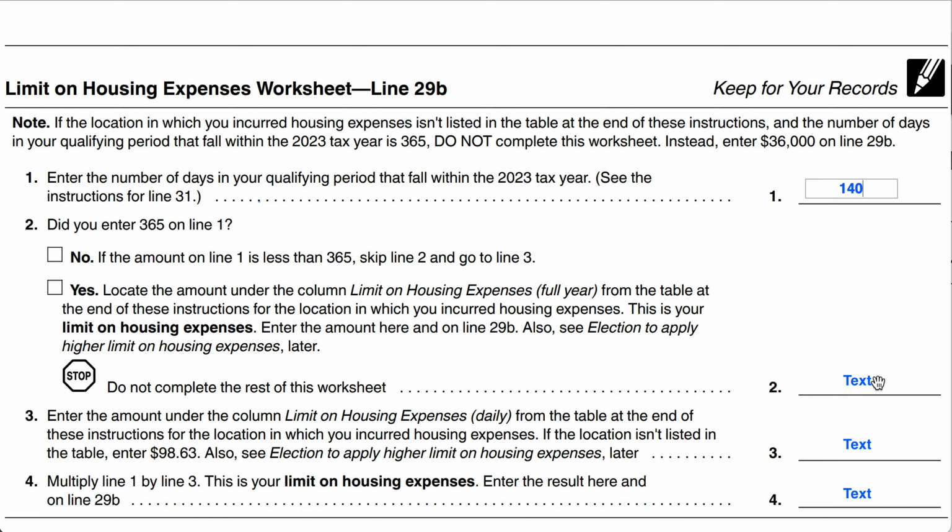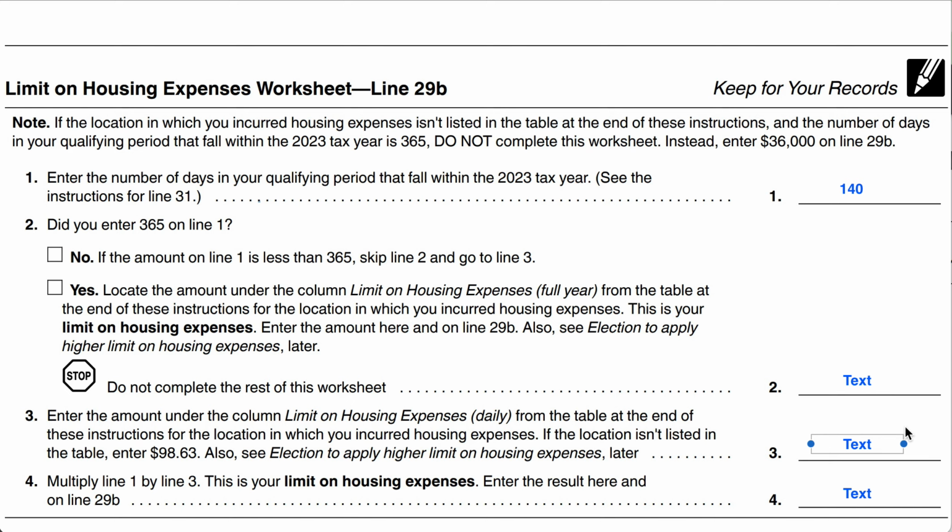If you only live there part of the year, let's say you only lived there for 140 days, you would select no here. You would skip line 2, and then you would go to line 3, where you would multiply that 140 by the daily rate that applies to your locality. In this case, Hong Kong has a daily rate of $313.15.